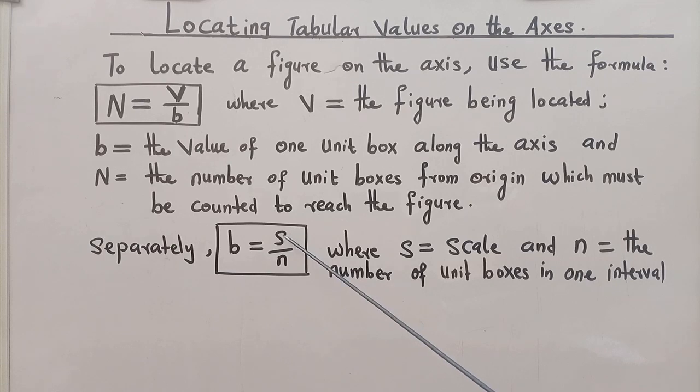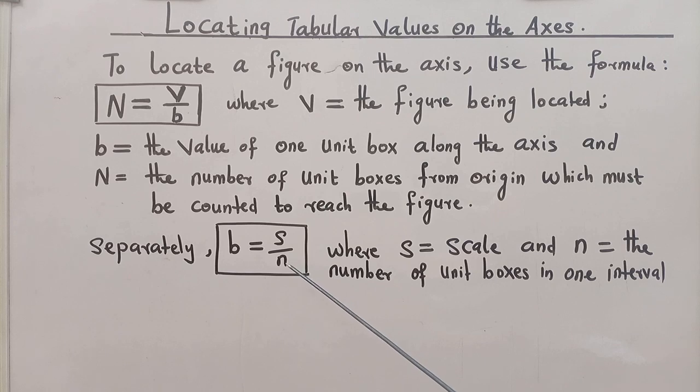What does this S mean? S means the scale, and n means the number of unit boxes in one interval. In fact, as long as a particular case is concerned, both S and n are constants. Why?